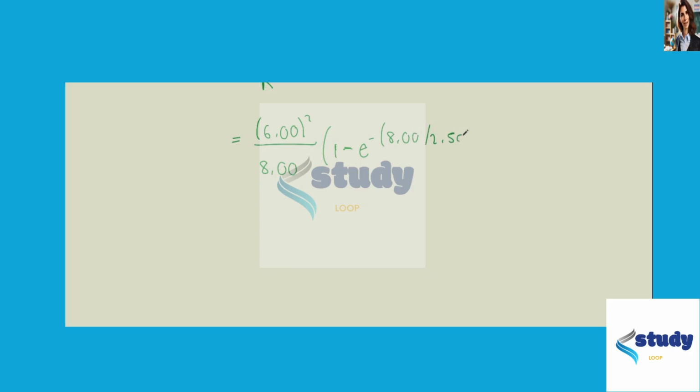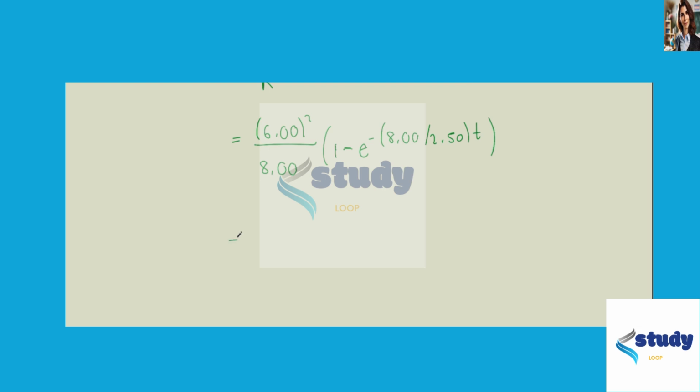And we know these values to be 6 volts whole squared, so 6 for the EMF, and the resistance is 8 ohms, into 1 minus e to the minus, and again we substitute our values, that's 8 divided by the inductance of 2.5 henries, all multiplied by t.